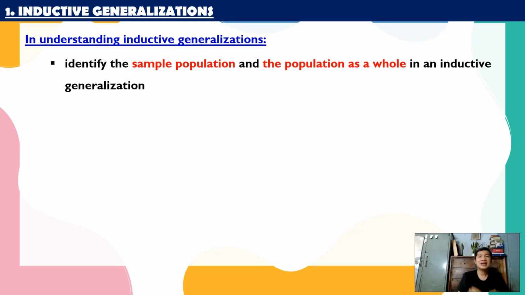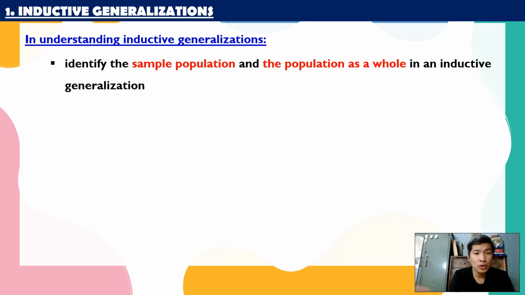So in understanding inductive generalizations, we need to identify the sample population, the sample, how large it is. And also we need to know the population as a whole as well. For example, you want to get the attitudes of students at International University.